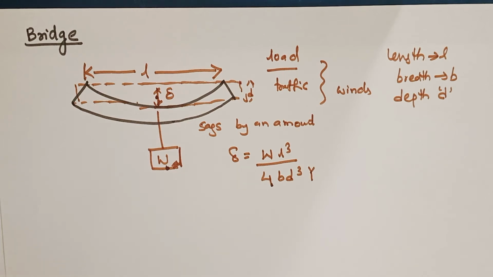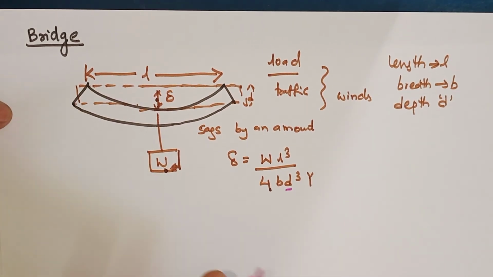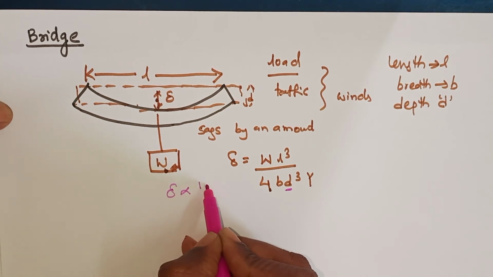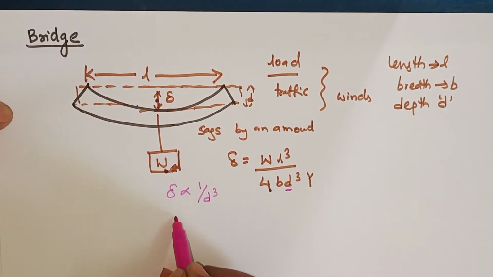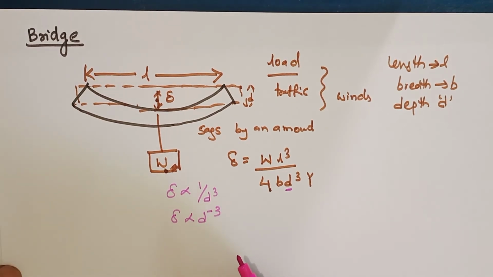Here you can choose the depth D. So delta is inversely proportional to D cube, meaning delta is proportional to D power minus 3.